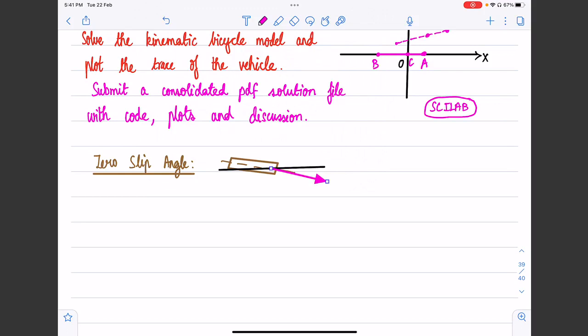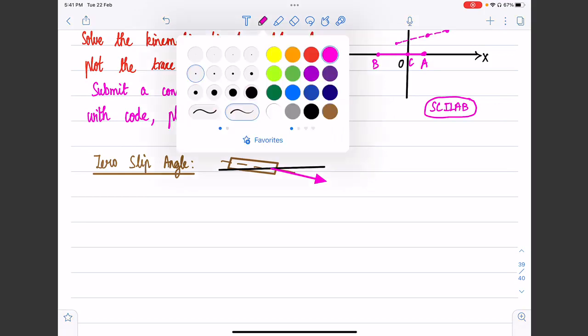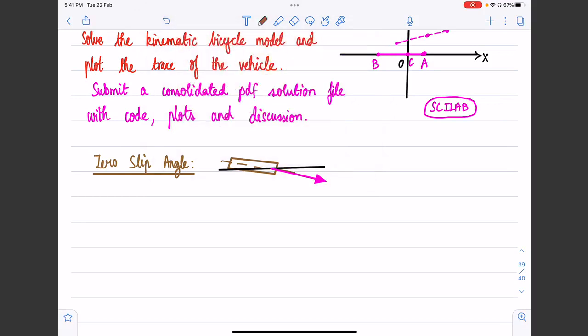But in reality, what's going to happen is the following. Let's now discuss the notion of the slip angle. Let us say, once again, we have a tire. I'm just going to draw a bigger diagram, an exaggerated diagram, just to convey the concept.